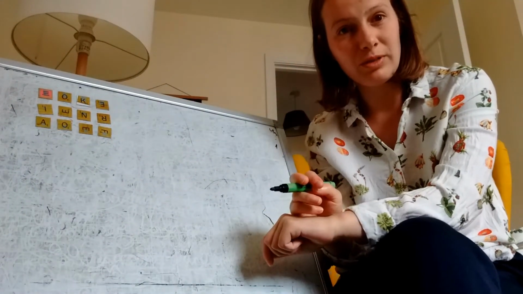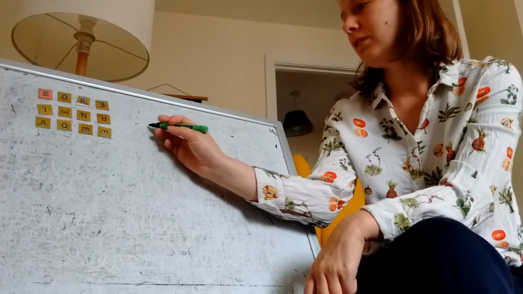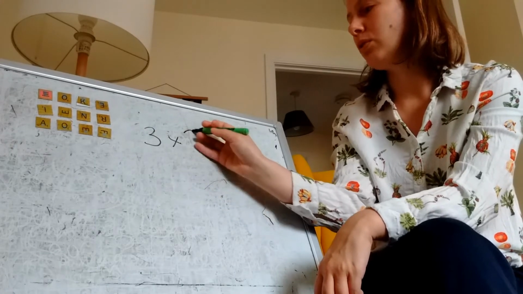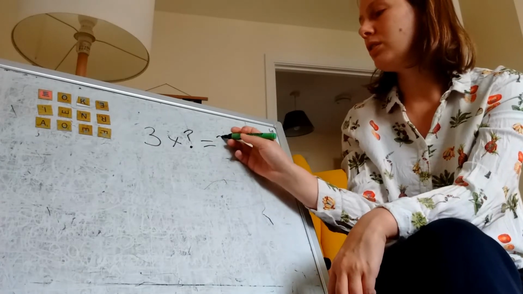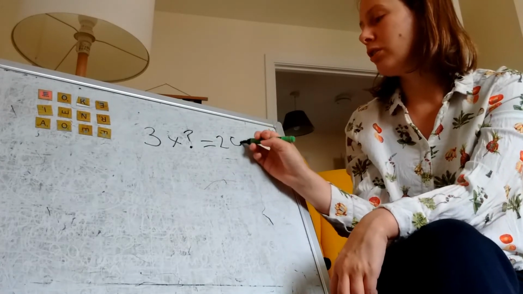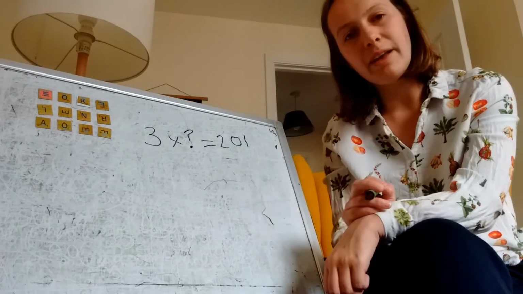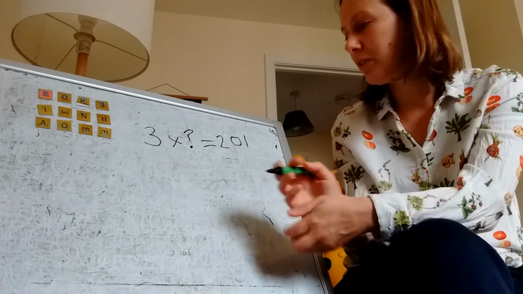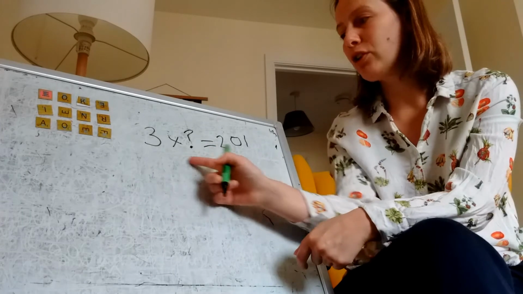Let's get a wee bit more technical. If I've got the question 3 times what equals 201, how am I going to find out that number? I'm going to think about times and divide being inverse from each other, because I don't have enough numbers.